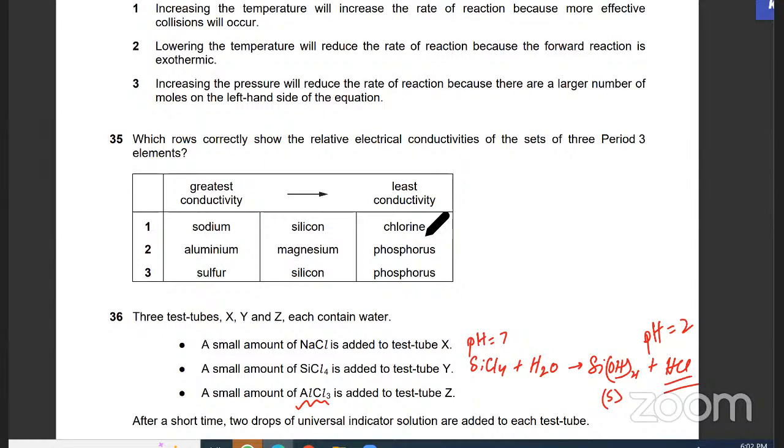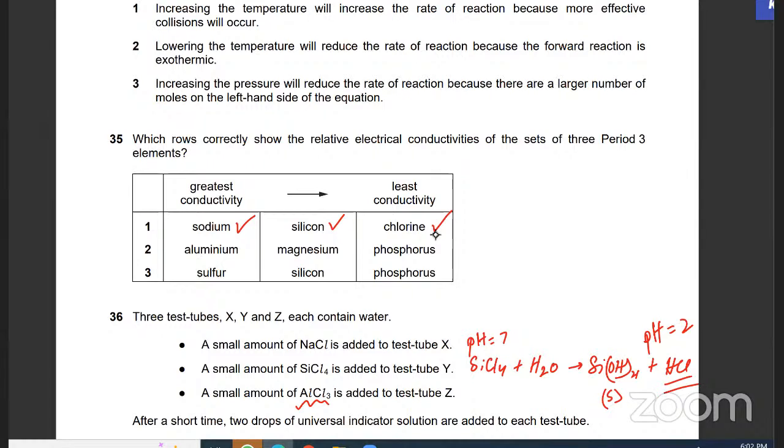Yeah, it kind of makes sense because sodium is a metal, it obviously conducts electricity. Silicon is a semiconductor, so it can be used to conduct electricity, n-doping, p-doping. Chlorine is a covalent molecule, doesn't really conduct. So the first one kind of makes sense.